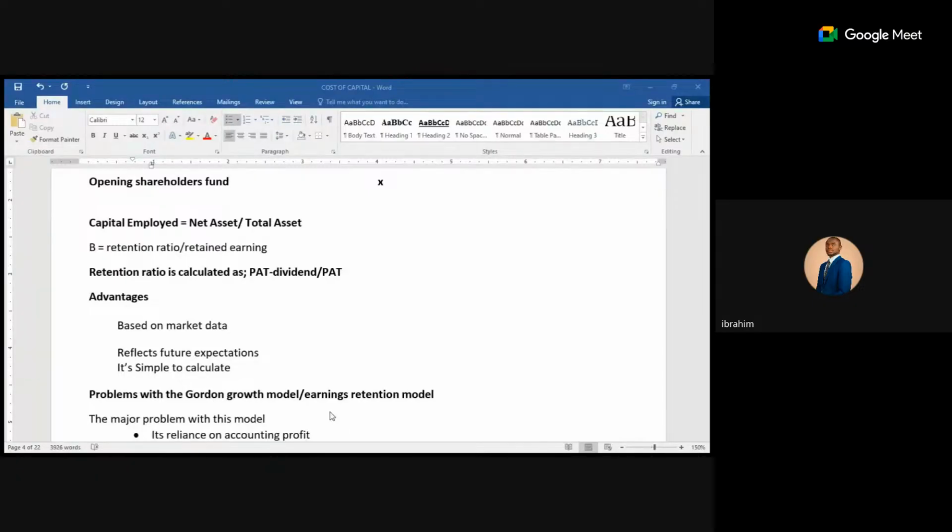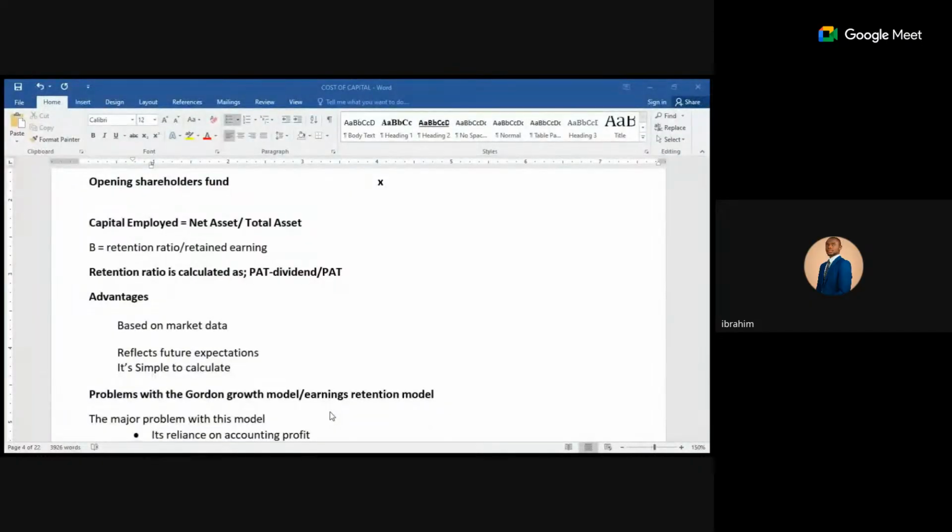You will see company dividend over the years; if you need 10 years, it is there. So it is based on data. Now, it reflects future expectation. Gordon's growth model is talking about growth in dividend in the future.